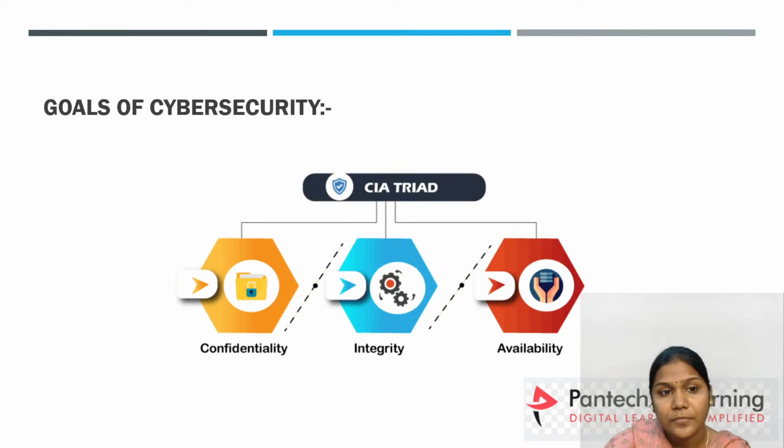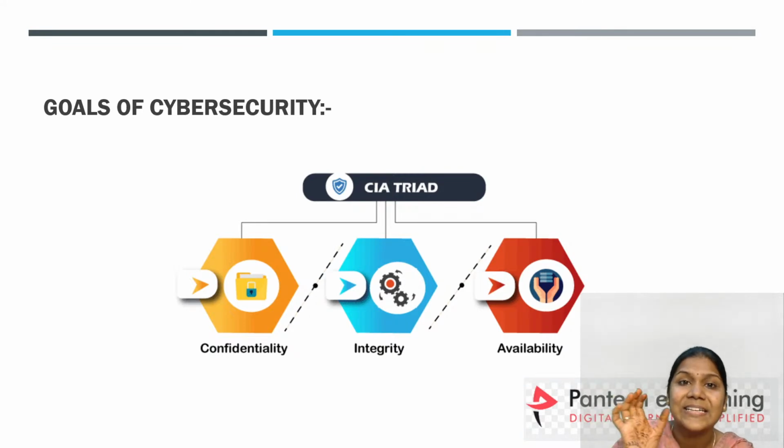So here come the goals of cyber security, which include three letters: CIA. What is this CIA? Confidentiality, integrity, availability. Confidentiality means securing the data or keeping the information as confidential as possible, as secret as it can be.